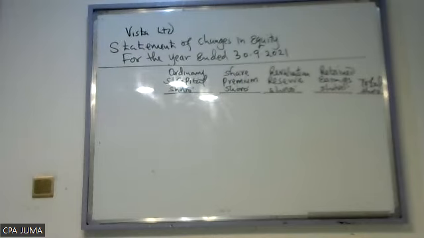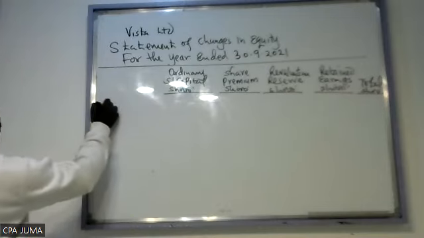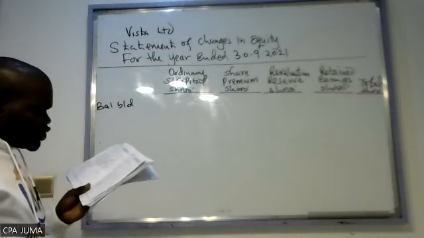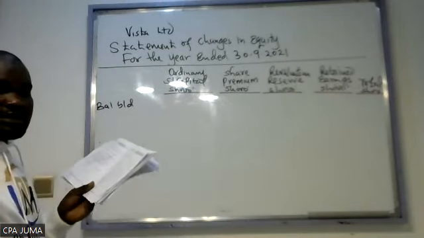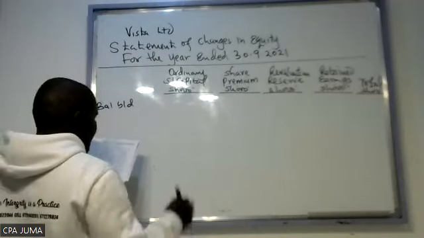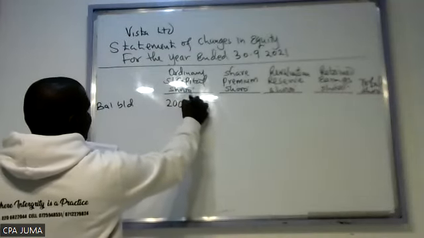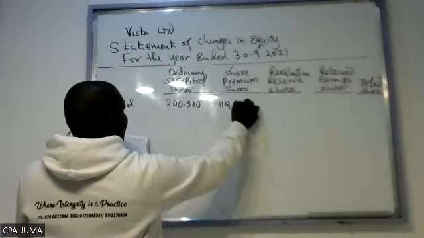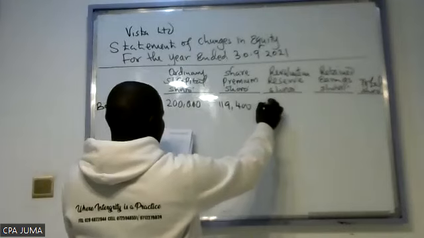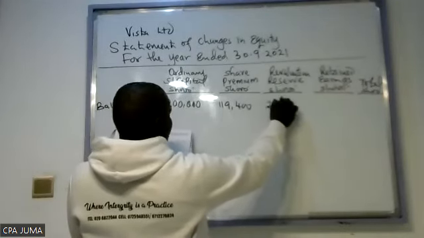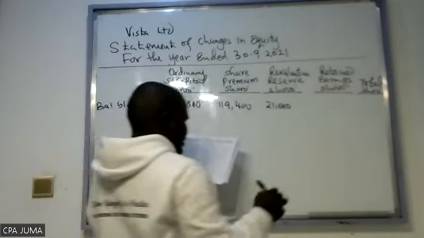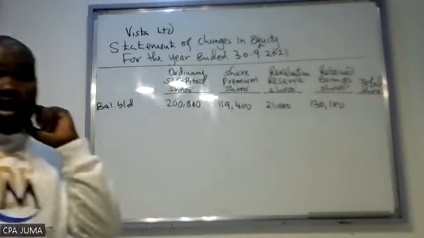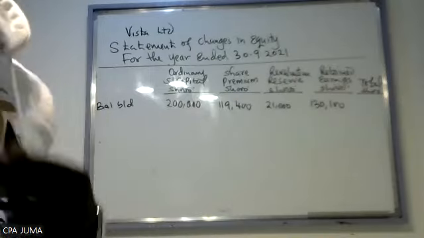The balance brought down, check them. Ordinary share capital, 1, 2, 3, 4, 5, 6, the last. So ordinary share capital is 200. Share premium is 119,400. Revaluation was 21,000. Retained earnings at last 130,100. Give me the total across. Please don't copy mine. Make sure you are seeing them.